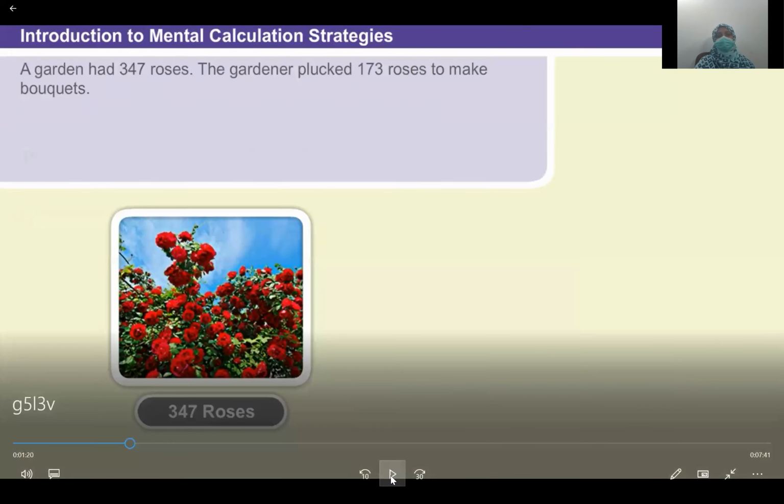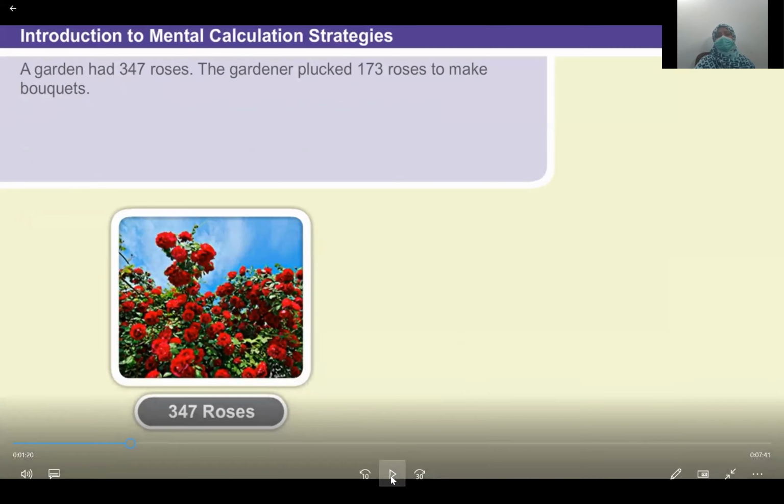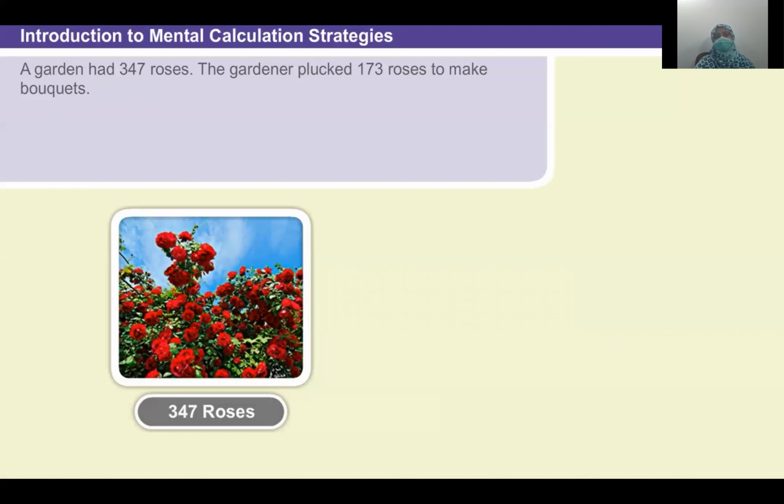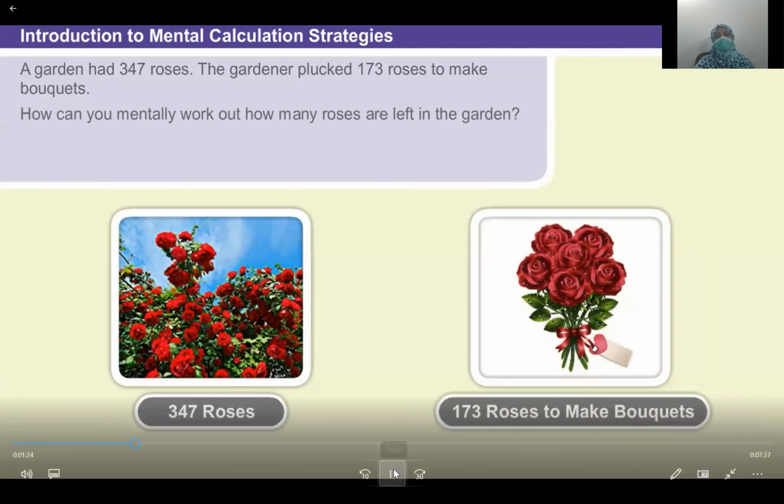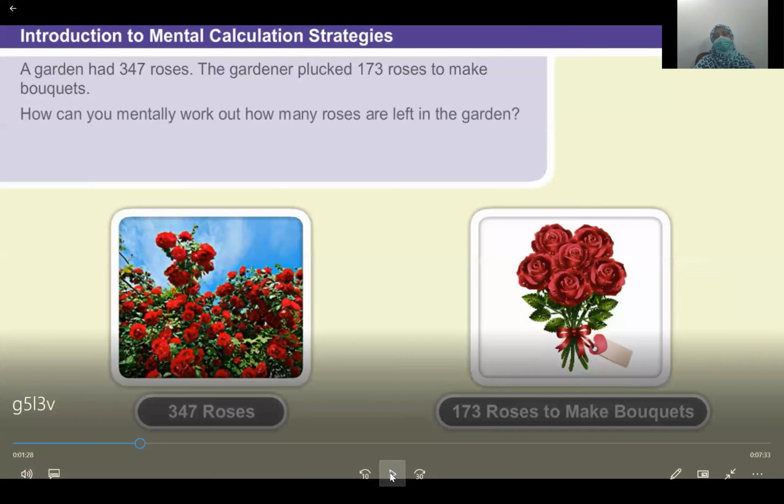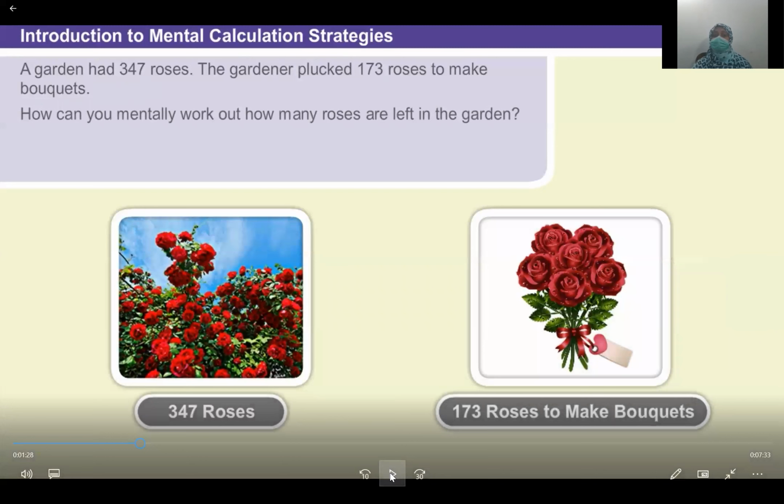My next question is, a garden had 347 roses. The gardener plucked 173 roses to make bouquets. How can you mentally work out how many roses are left in the garden? So how will you find the number of roses that is left in the garden?